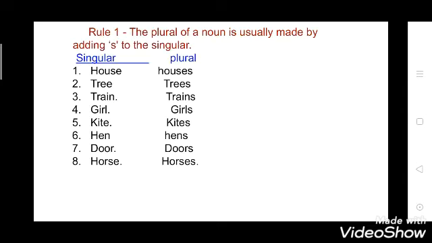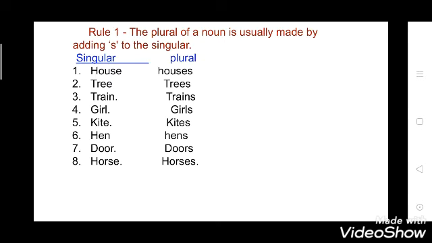The first rule: the plural of a noun is usually made by adding s to the singular. So in this you will add only s at the end of a word. See the first one, house. The plural of house is houses. Here s is added. See the second, tree, trees. Train, trains.